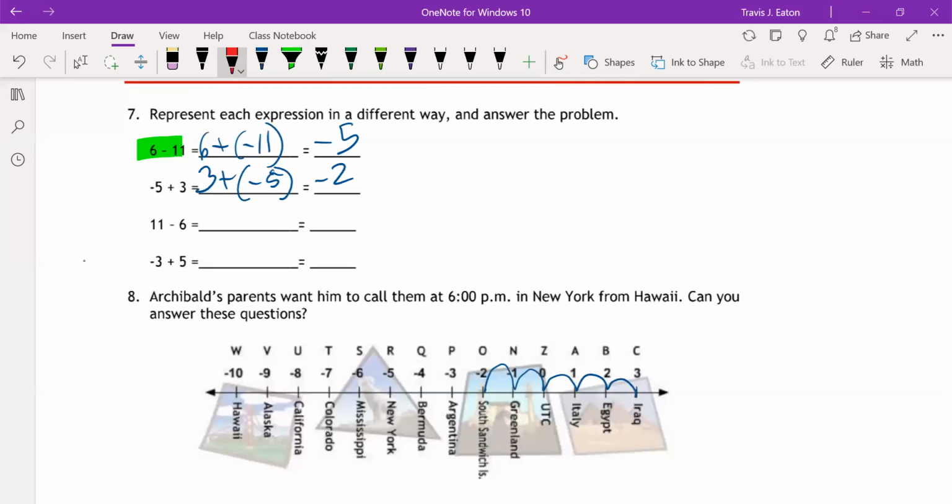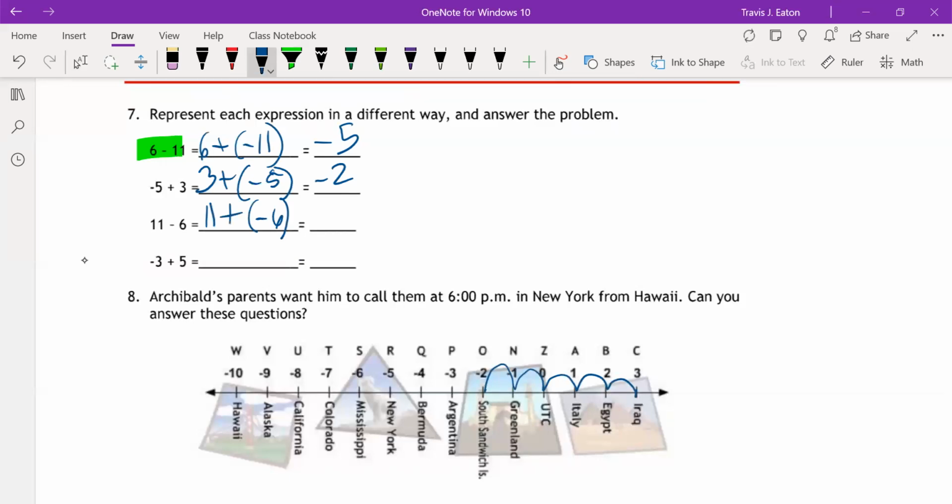Okay. 11 minus 6. Well, is it addition? Can I just reverse the order? No, because subtraction is not commutative. I would have to rewrite this as an addition problem, remembering to add the opposite. So I've got 11 plus the opposite of 6, which is negative 6.